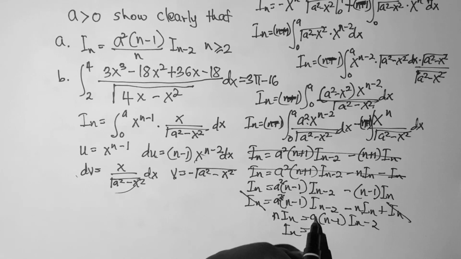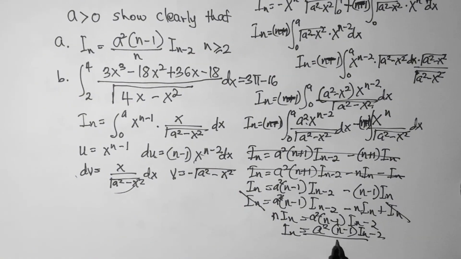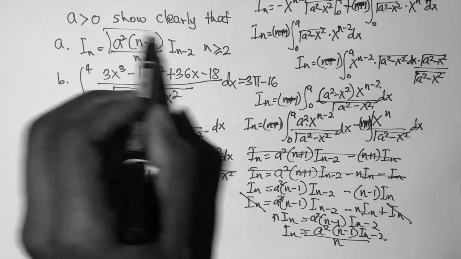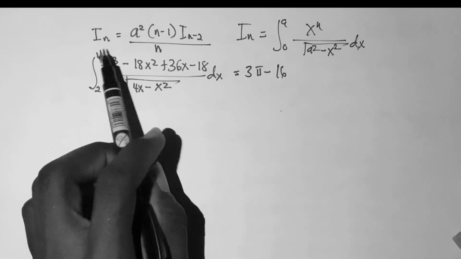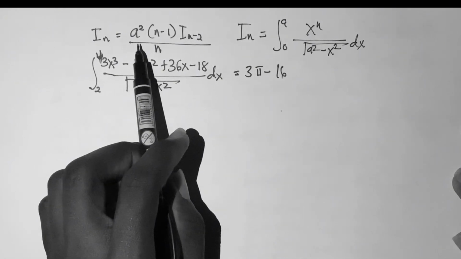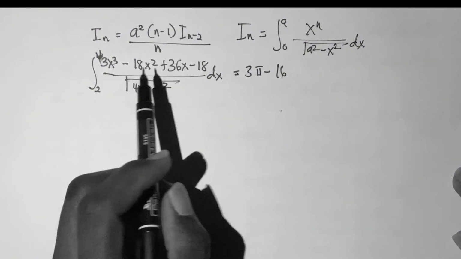There's also a squared here and a squared here. So it becomes a squared times (n minus 1) I of n minus 2 divided by n. And that's what we are asked to prove in the question. We have been able to prove that I of n is equal to a squared (n minus 1) I of n minus 2 divided by n.